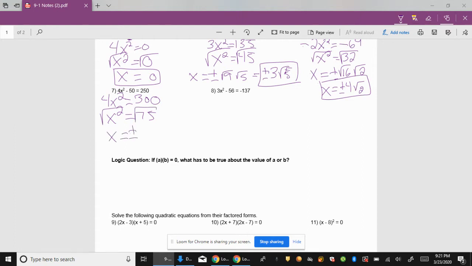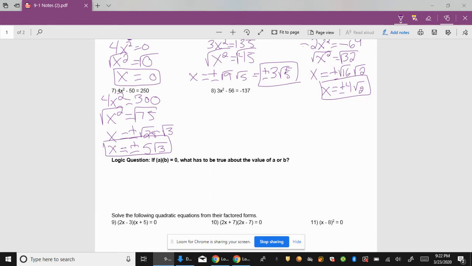X equals plus or minus. 75 is not a perfect square, but 25 goes in there 3 times. So final answer, x equals plus or minus 5 radical 3. And that would be our 2 answers. Remember that that's 2 answers. We have positive 5 radical 3 and negative 5 radical 3.